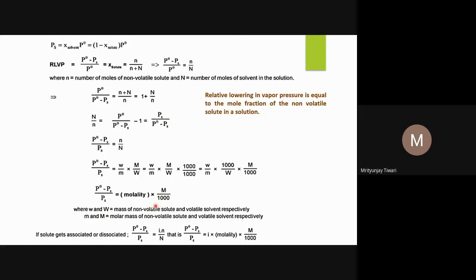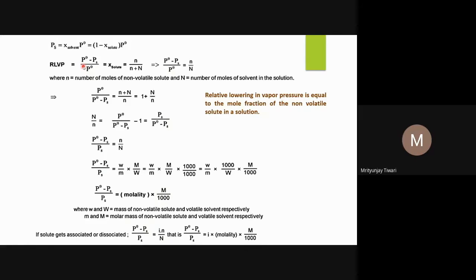Now, just remember, if the solute particles get dissociated or associated, then we introduce one factor, the van't Hoff factor i, and we multiply the colligative property by that factor. So P naught minus Ps divided by Ps, which we can also call the relative lowering in vapor pressure, is roughly equal to P naught minus Ps divided by P naught, because Ps and P naught are not much different.